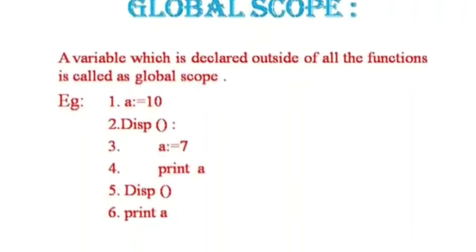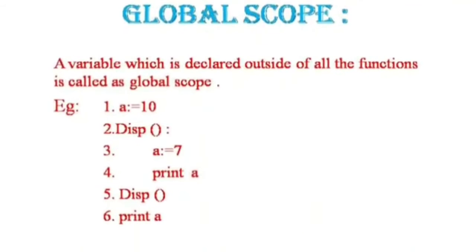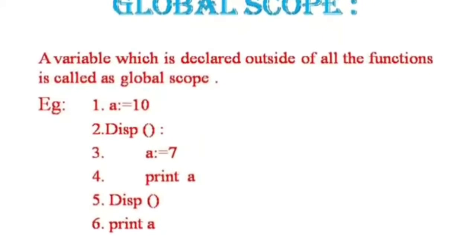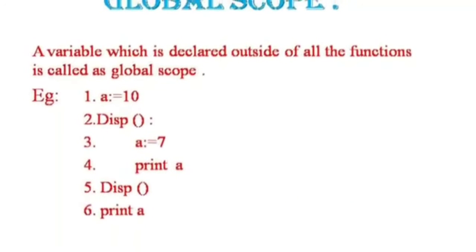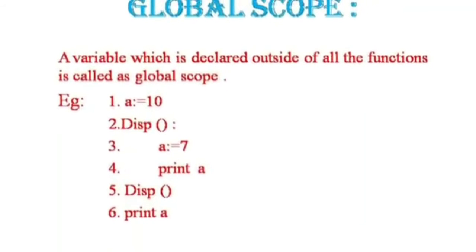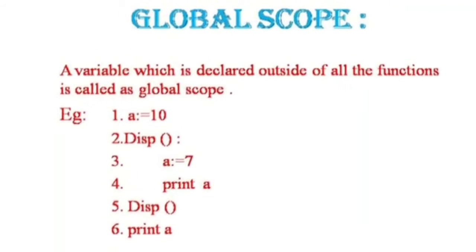When you check the output of this program, first the innermost function disp will be displayed and the output will be 7. Then a equal to 10 will be displayed as global. Now the output will be 7 and 10.